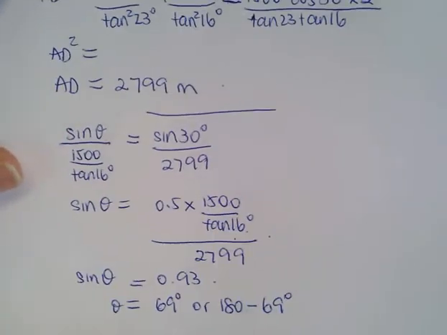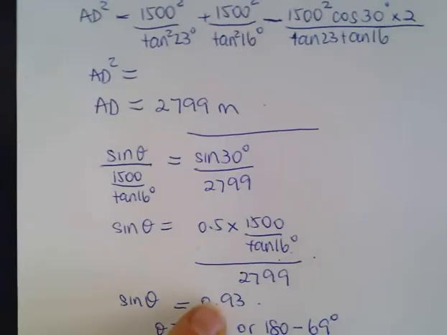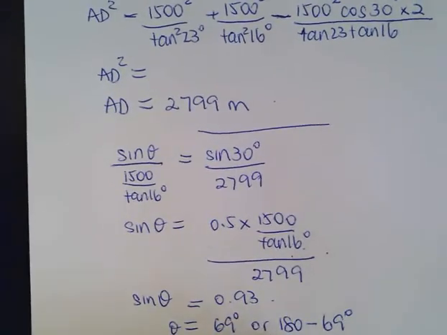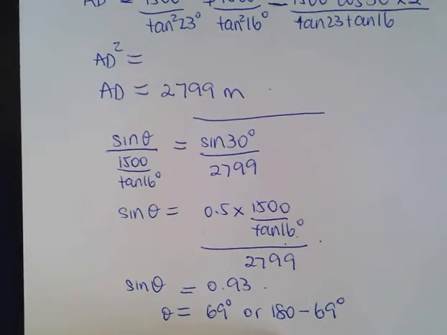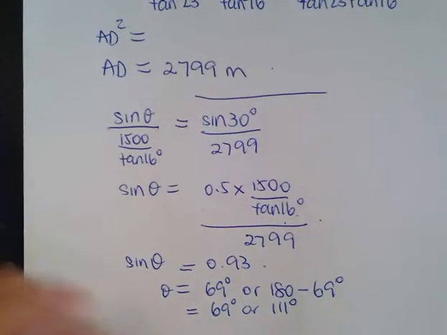Remember sine theta is positive in quadrants 1 and 2, so it could be acute or obtuse. What's 180 minus 69? 111.